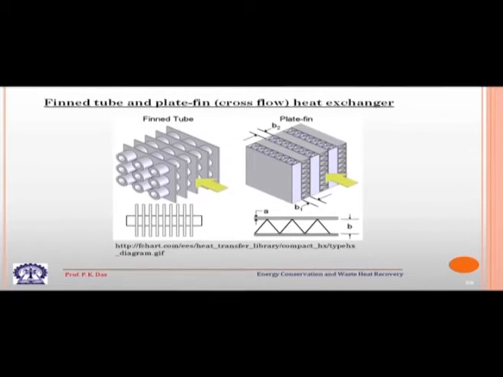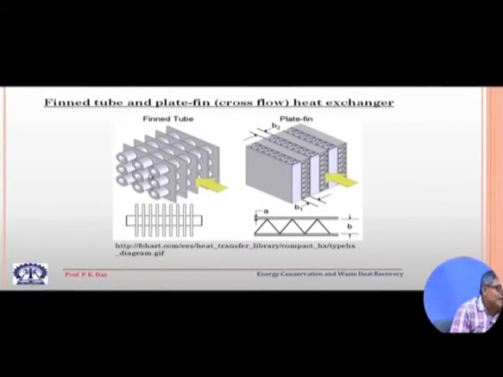In the fin tube heat exchanger, the fluid passes like this from here to here and the gas passes in this direction. So, this is basically a cross flow type of heat exchanger. In the plate fin heat exchanger, this is one plate, this is another plate, and there are a number of fins like this. They could be of different geometry, different design, and one fluid passes like this, another fluid passes from the top to bottom or from bottom to top.